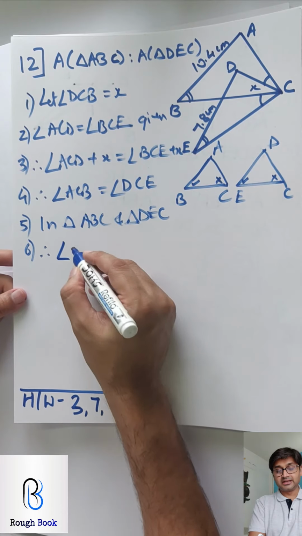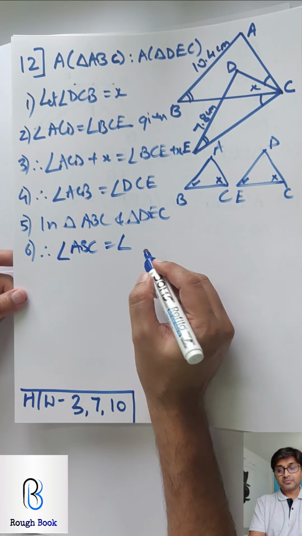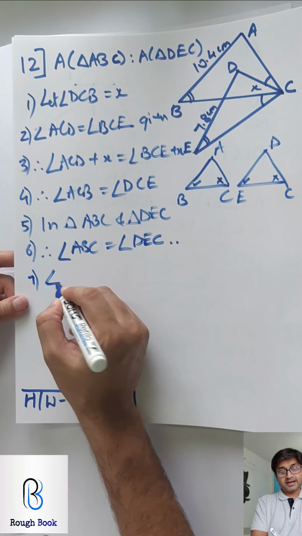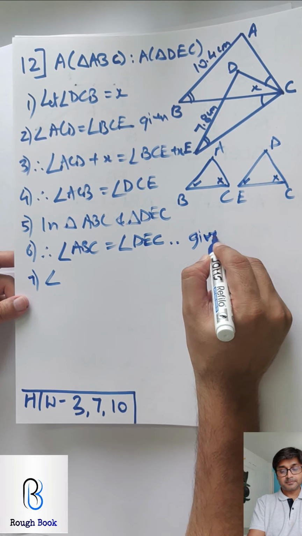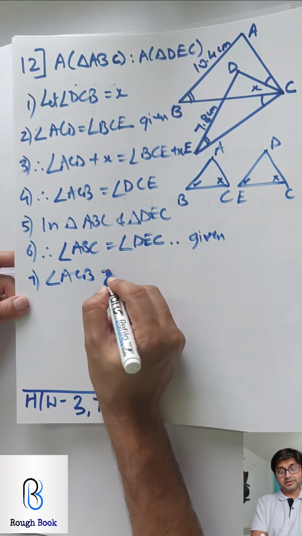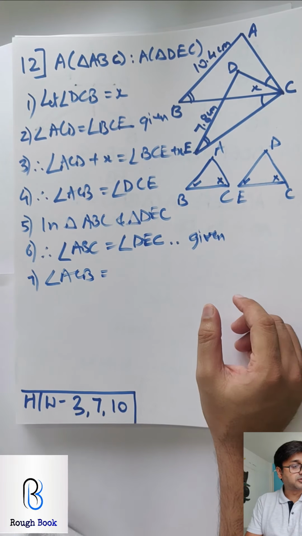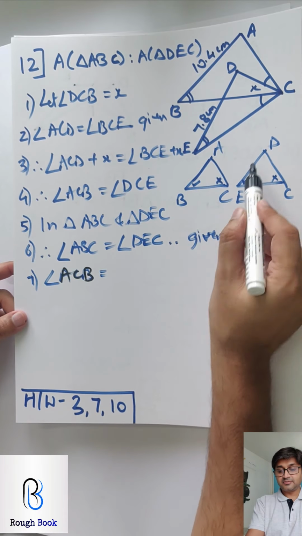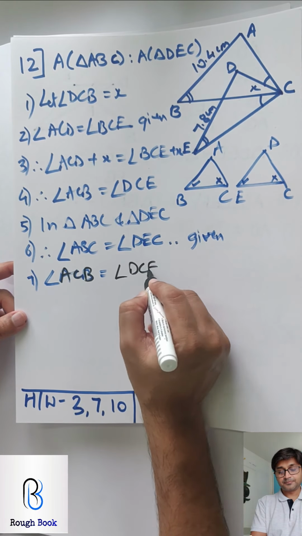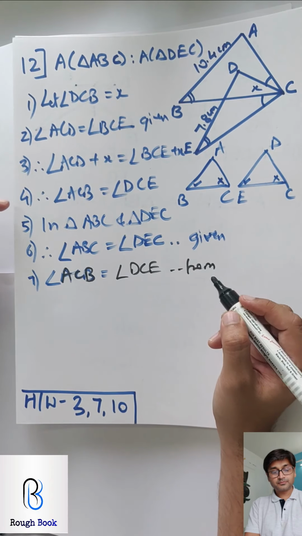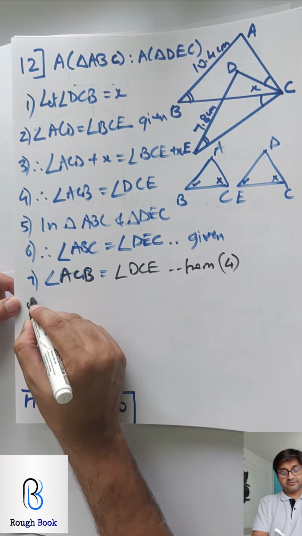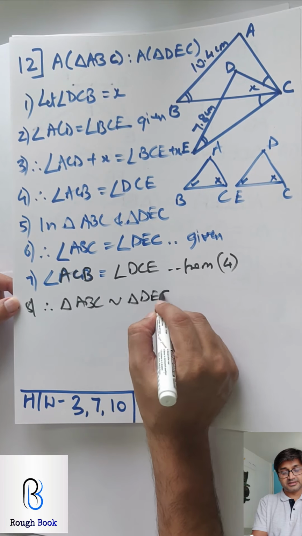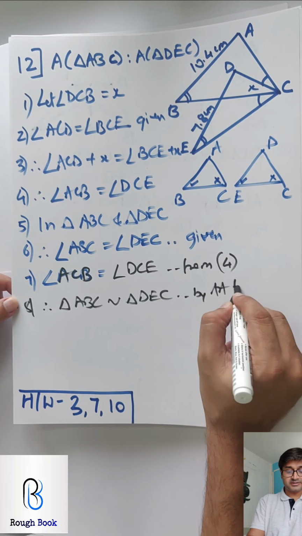So first one, angle ABC equals DEC, and this is given, and angle ACB, let me write with black, that was at least better than this, ACB equals DCE from 4, and therefore triangle ABC is similar to DEC by AA test.